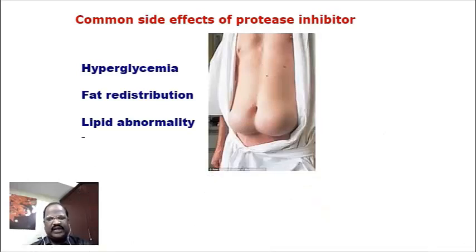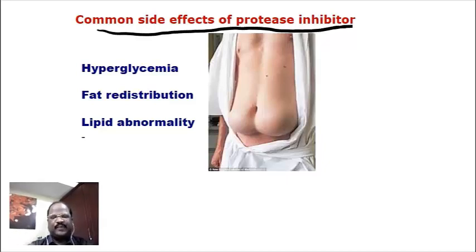Now we are going to discuss some common side effects of all the protease inhibitors. Majority of protease inhibitors cause metabolic problem in the form of hyperglycemia, hyperlipidemia and fat redistribution. Because of fat redistribution, they may cause deposition of fat in the abdomen or in the neck region.